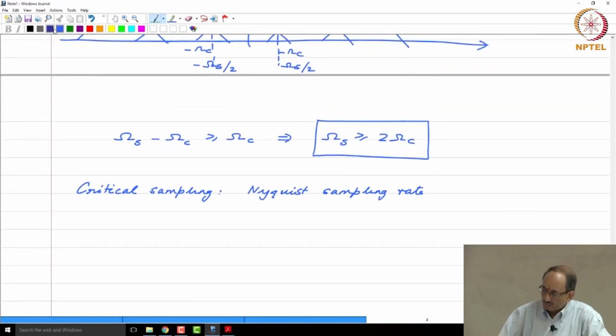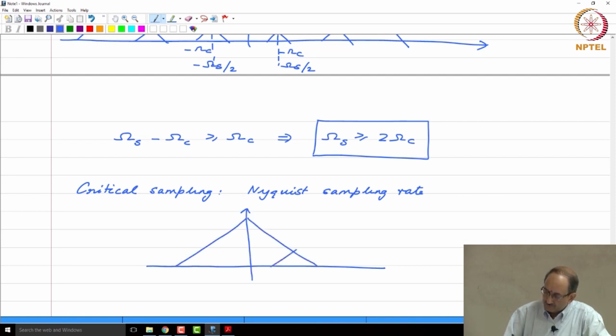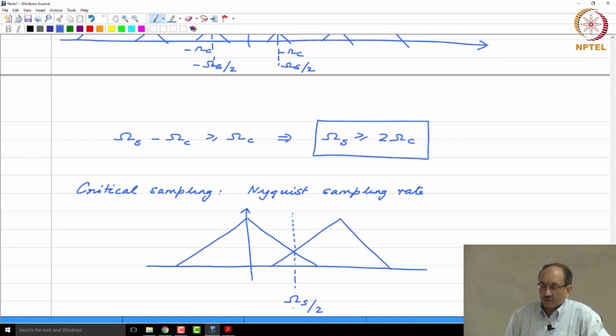And just to focus on what aliasing is, I am just drawing the positive part of the spectrum. Remember, this is omega s by 2, and only the information between minus omega s by 2 to plus omega s by 2 needs to be considered.